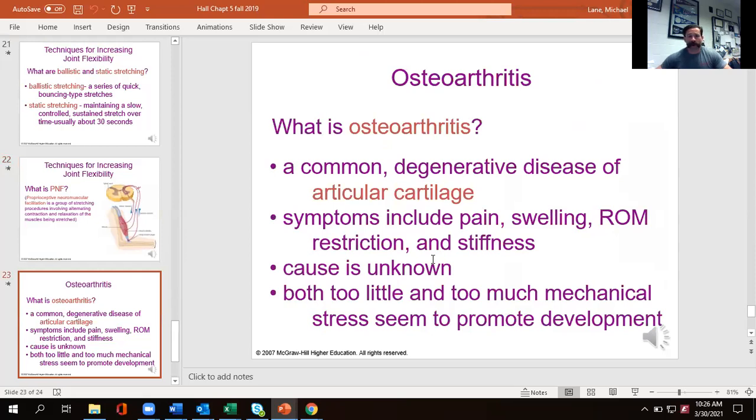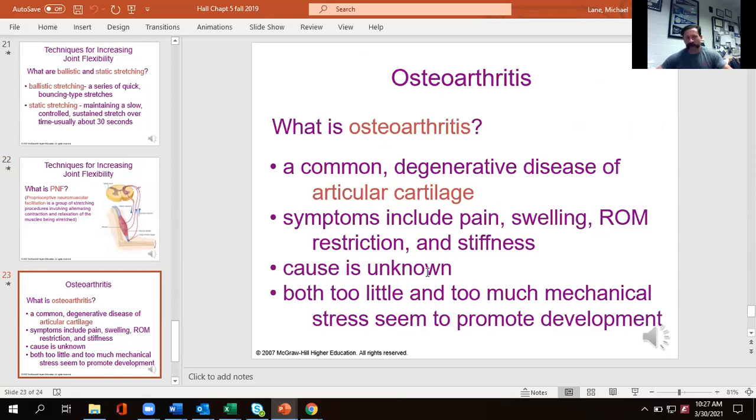Now, unfortunately, arthritis is something obviously that can happen. This is typically due to degeneration of our cartilage. Now, this is going to be linked with pain, swelling, changes in range of motion, and stiffness. Now, the cause is unknown in a perfect world, but like anything else, remember, all our tissues have a certain amount of adaptive capacity.